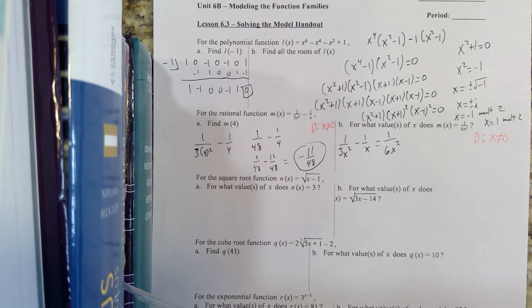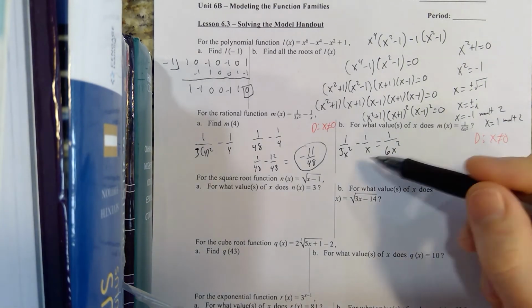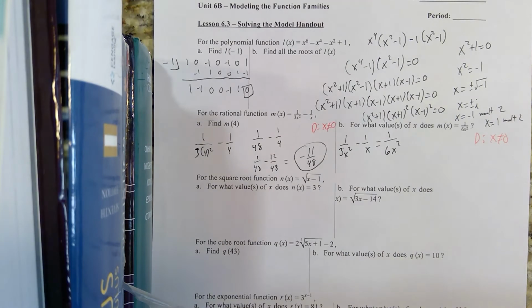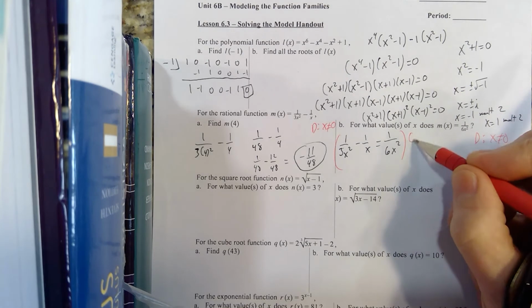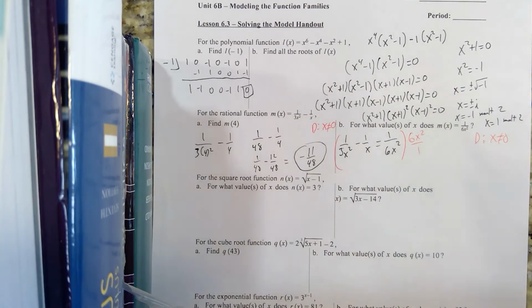Okay, so at this point, there's different ways to proceed. I'm going to go ahead and multiply the entire equation by the least common denominator, which will take care of my denominators. So I'm going to multiply this whole thing by 6x squared over 1.